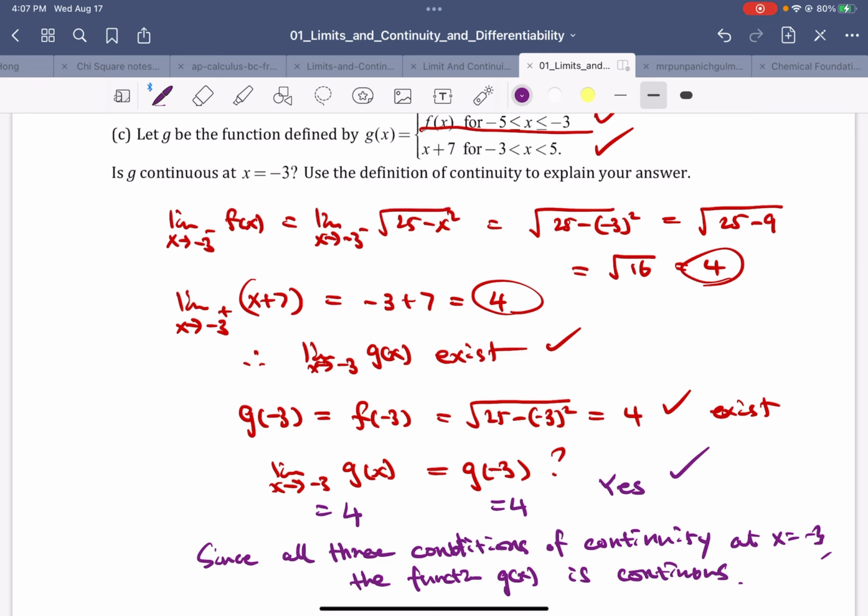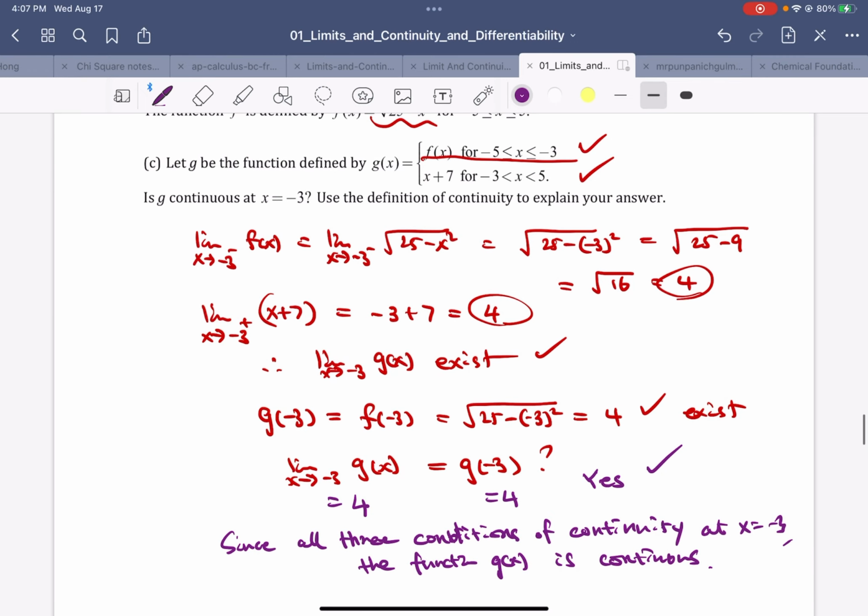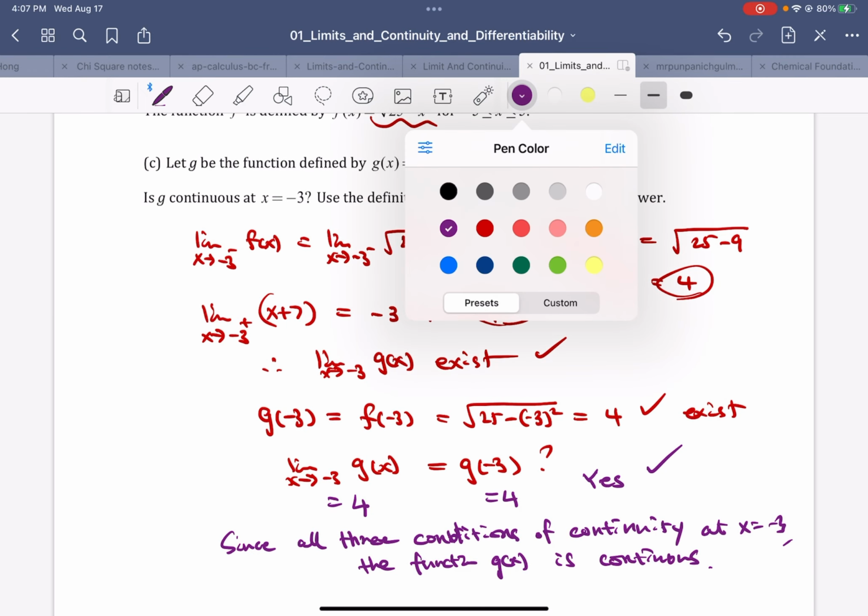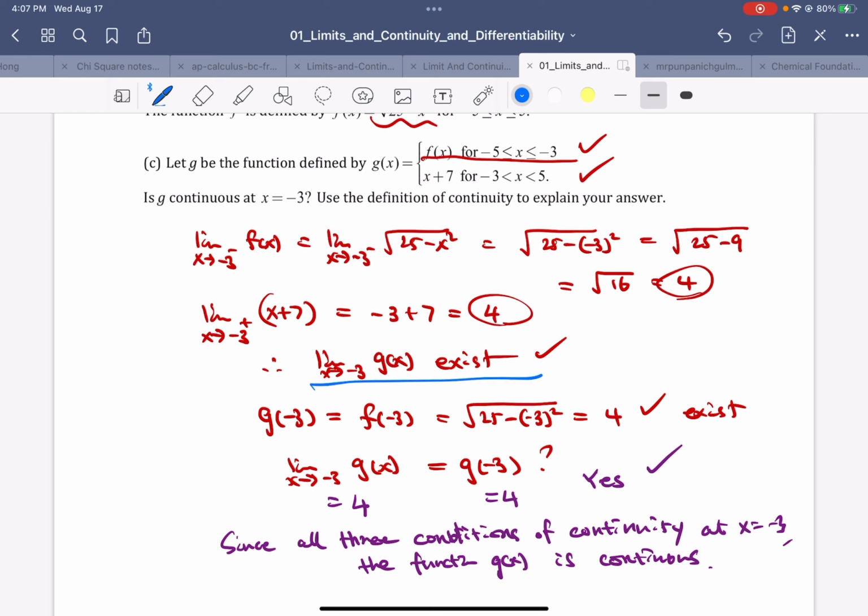Okay, so then you can get full credit. So if I label it, this one was a first condition, and this one is a second condition, and this one is a third condition, and then all three condition met, then you can say the function is continuous at x equals -3.